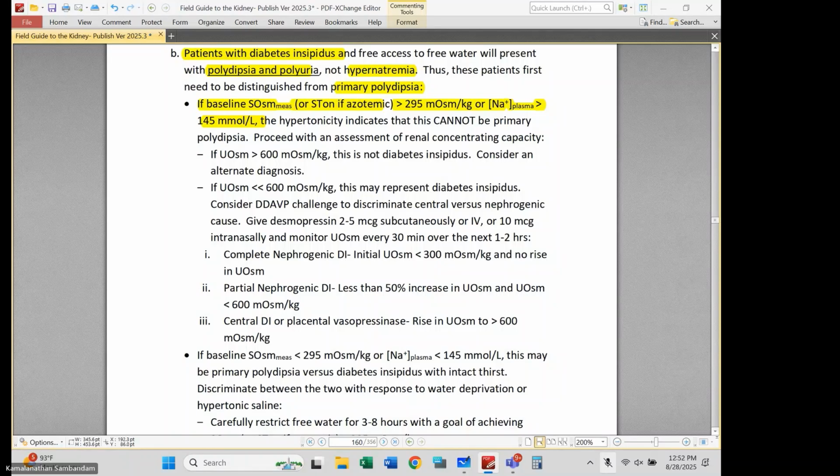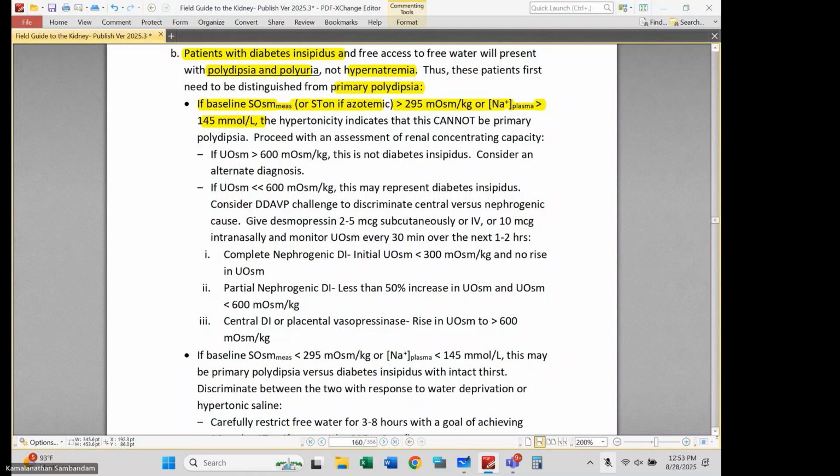They would predictably have low to normal sodiums. So if you measure serum osmolality and serum sodium as a first step, and they are hypernatremic, you could say this polydipsic or polyuric patient is not a case of primary polydipsia. We don't have to do much else.